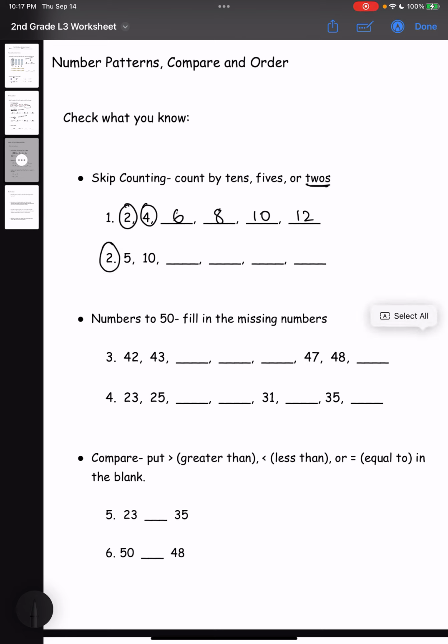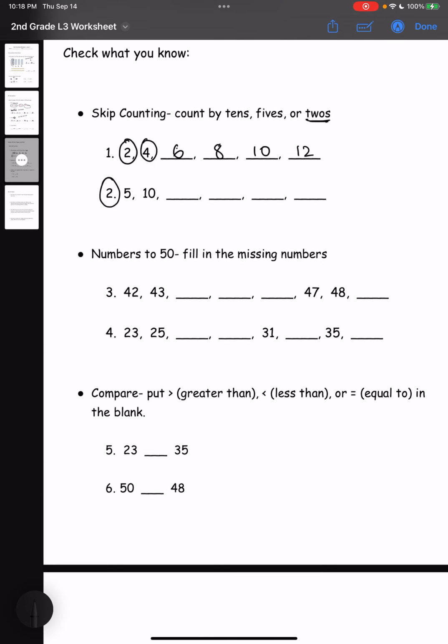And number 2, 50, fill in the missing numbers. Okay. So here we see 23, 24. The missing number would be 42, 43. And the missing number would be 44, 45, 46, 47, and 48 are given.